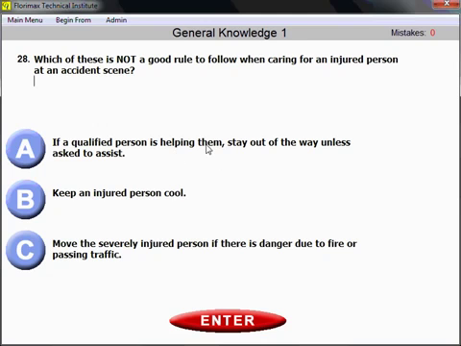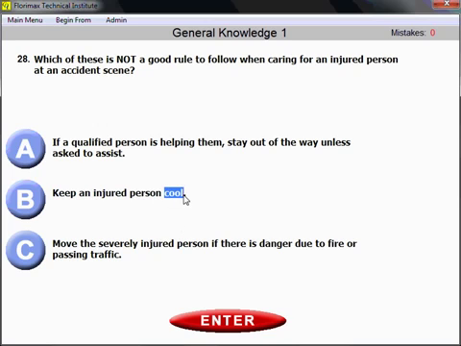So you see, the right answer would be something wrong, something which you are not allowed to do. In this particular case, when you are asked which is not a good rule to follow, the answer is to keep an injured person cool. Because according to the driver's manual, you should keep the injured person warm.